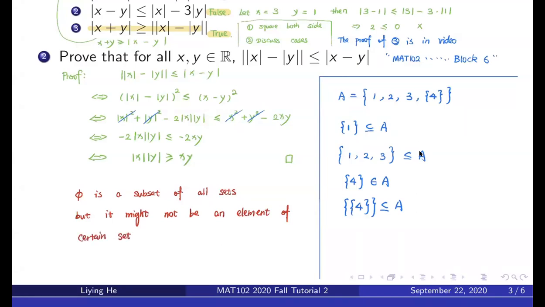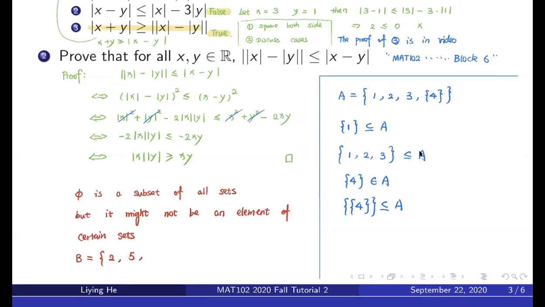For example, if you have a set, let's say B, equals the set 2, 5, and then I put the empty set here.